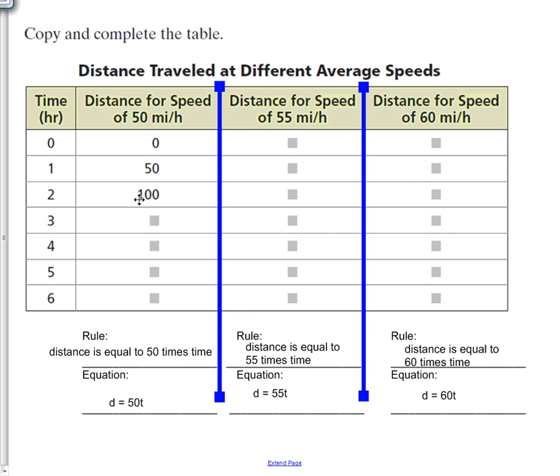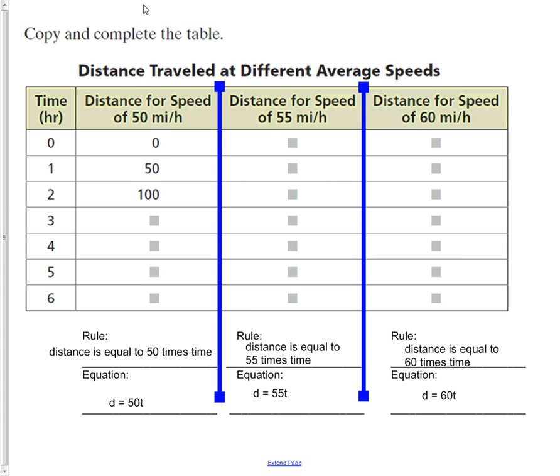So again, this is a game of multiplication. If I went 50 miles per hour for 3 hours, that would be 150 miles. Okay? So what I want you to do is write these numbers in.